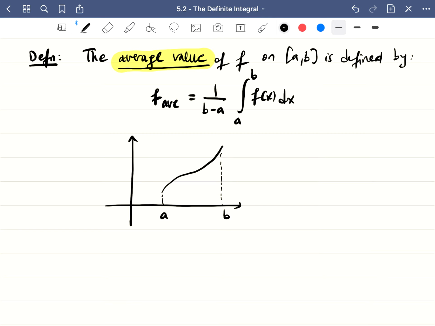Then what this definition is saying is that the average of the function on this closed interval [a, b] is this integral. By the way, this integral here is this area, right? Divided by this length. This is this length here. Okay, so let me first highlight this area. Okay, so this is the area I'm talking about.